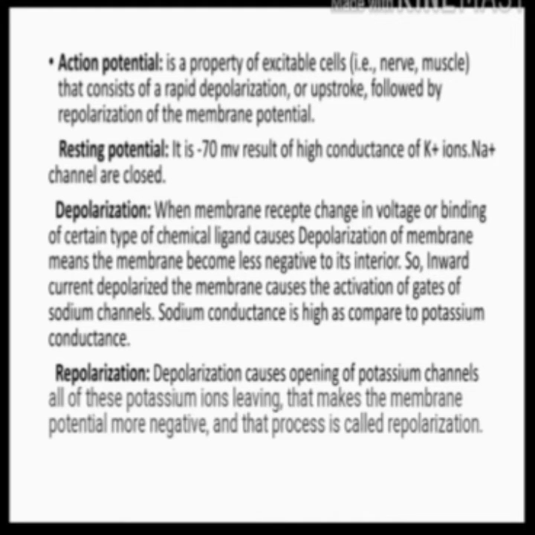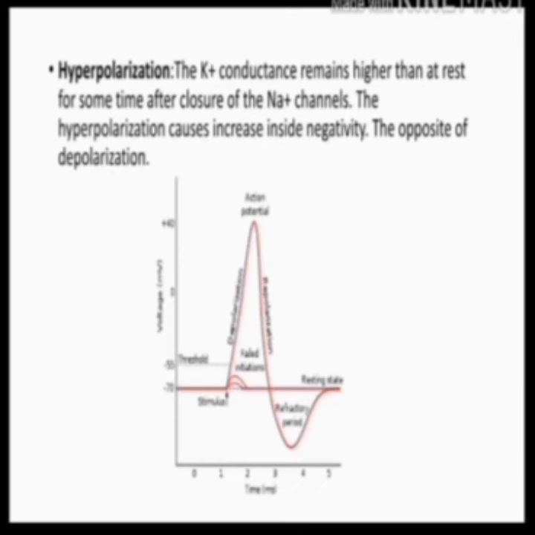As depolarization proceeds, the potassium channel opens and allows a tremendous quantity of potassium to go outside, because the membrane wants to return to its original state or original negativity. When the potassium channel is open and potassium ions leave from the inside, the membrane comes back to its original negativity.